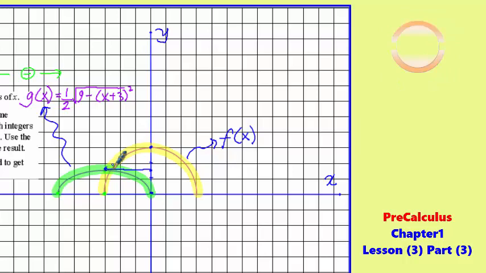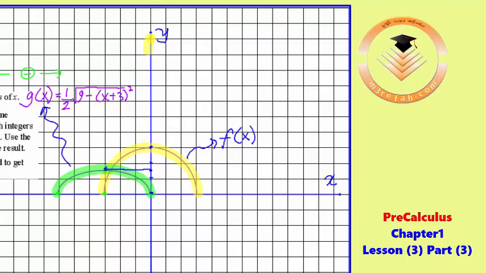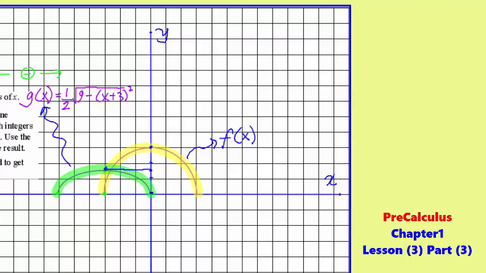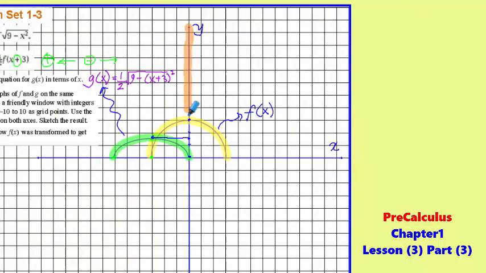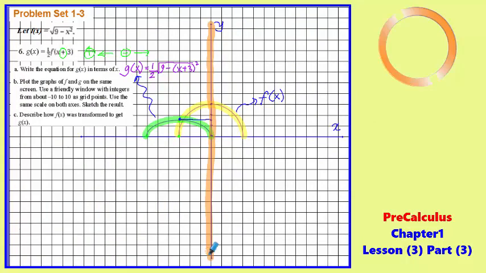Now we have x plus 3, so it went 3 units to the left of the y-axis. From this axis, okay, this is our y-axis. We moved it 3 units. 1, 2, 3.